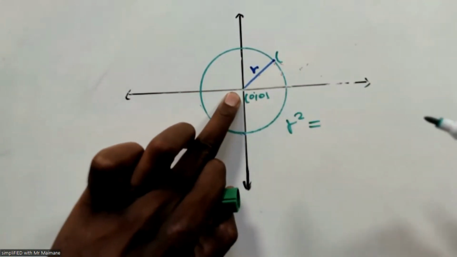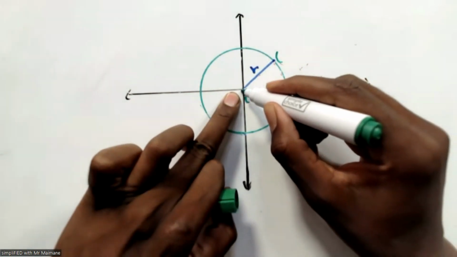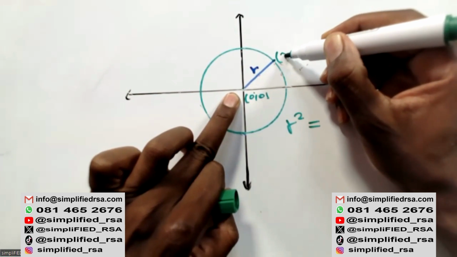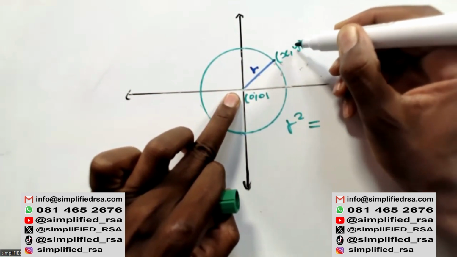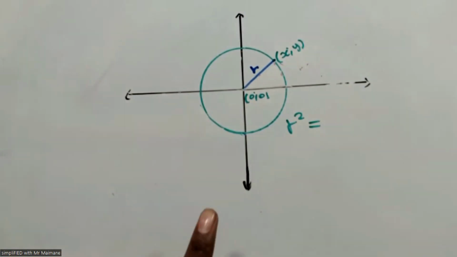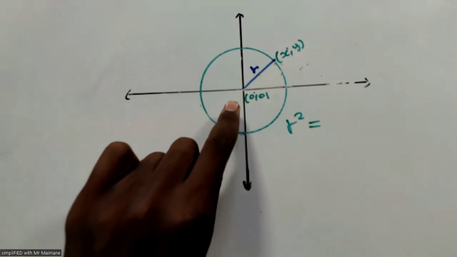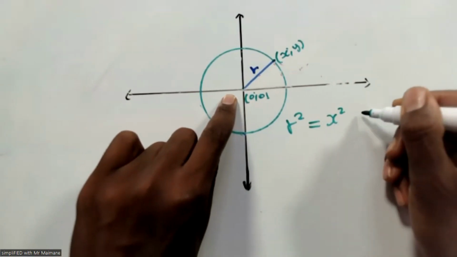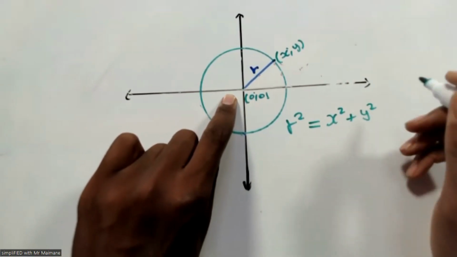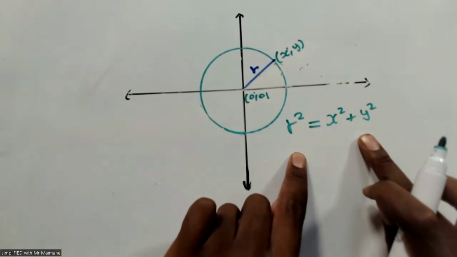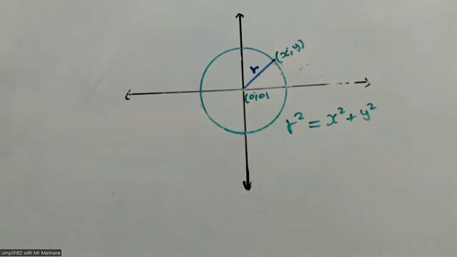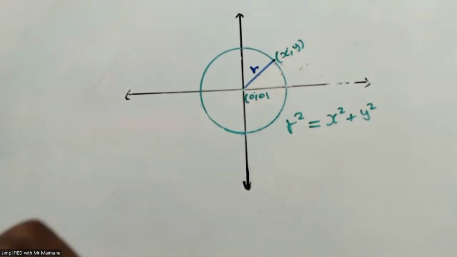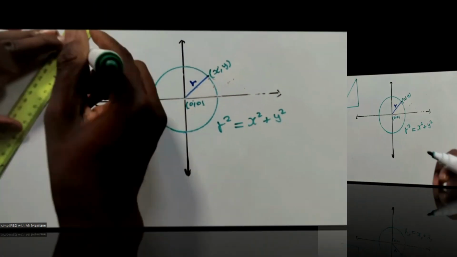So the origin is 0. When the radius goes to the circumference of the circle, there should be a point there, and the point is x and y, right? Now the formula for a circle states that r squared is equal to x squared plus y squared, right? Yes. And somehow, when we come to Pythagoras theorem, we have the same situation.